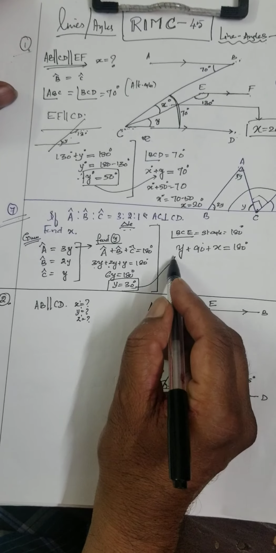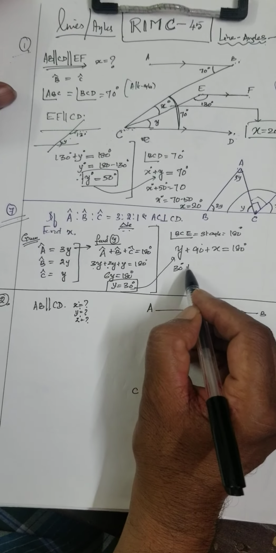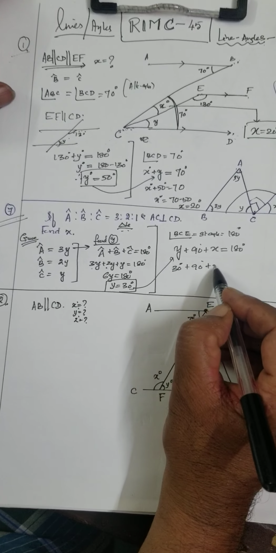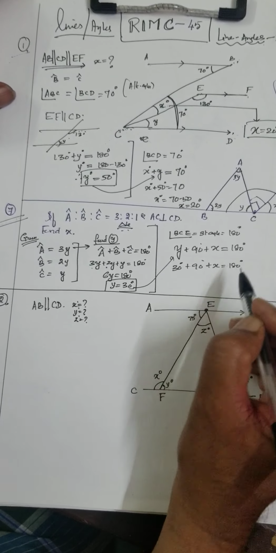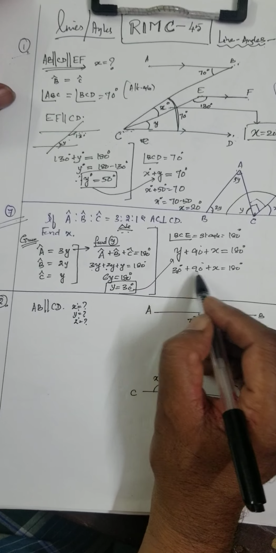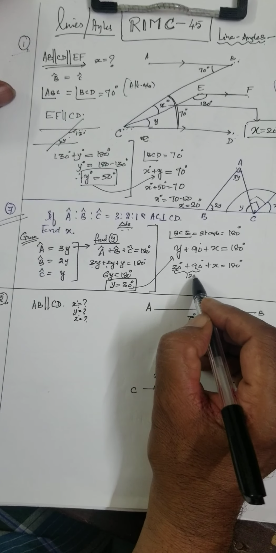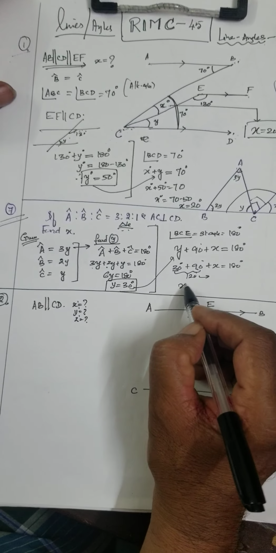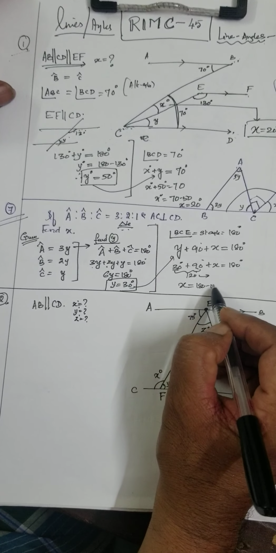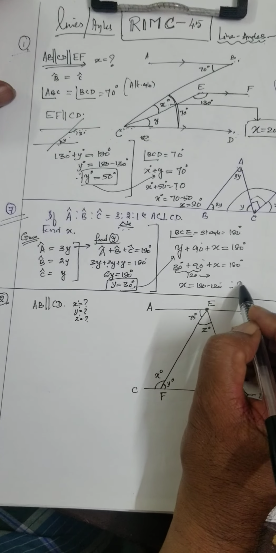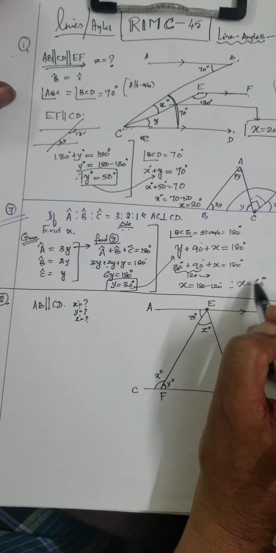The value of y is 30 degrees, so 30 degrees plus 90 degrees plus x is equal to 180. 30 plus 90 is 120. Send that to the other side. Therefore x is equal to 180 minus 120. Therefore the x value is 60 degrees.